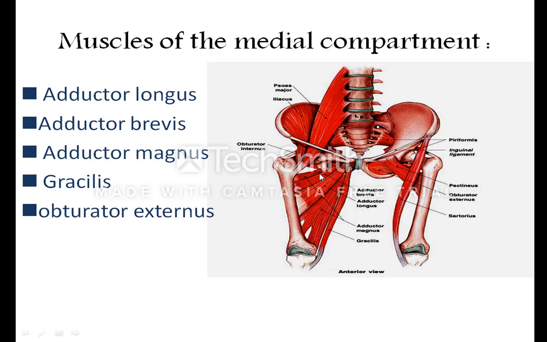So this is the adductor brevis, and here this is the adductor longus, and this is the adductor magnus, and the last one is the gracilis muscle, and the obturator externus, which we can see here behind the pectineus muscle. Okay, so these are the muscles of the medial compartment.